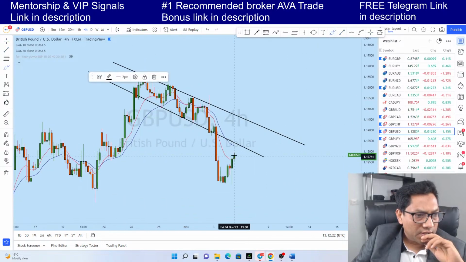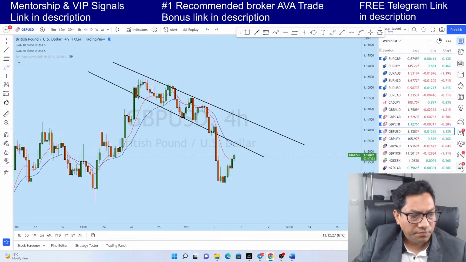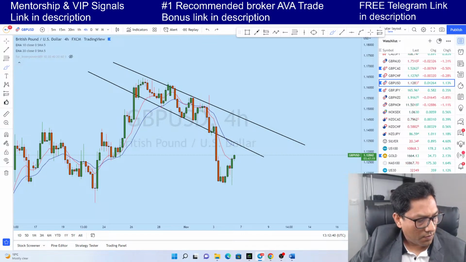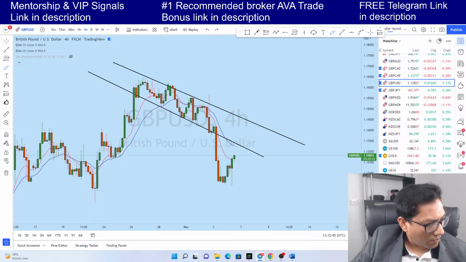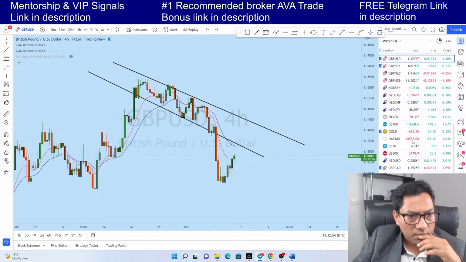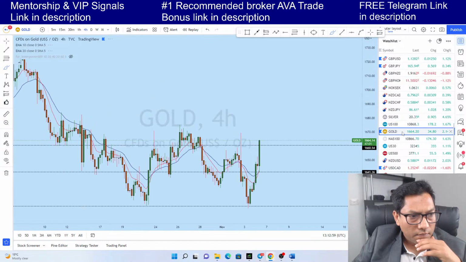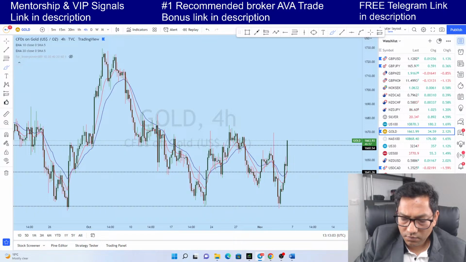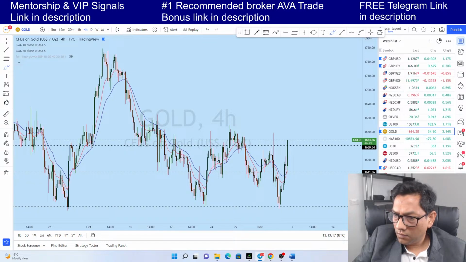I think the price will go there, will test this level, and from here we could see a rejection.